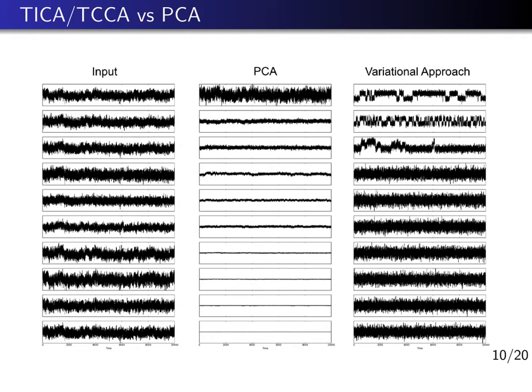Now, if we apply principal component analysis to this data, then this is what you get in the second column. You get an ordering of the data into large variances and small variances, of course, but you still don't see any particularly interesting signal. Now, if we apply instead TICA or TCCA to the data, then you get what is shown in the right column. This is denoted as variational approach here because these are variational approaches, but that's not so important now.